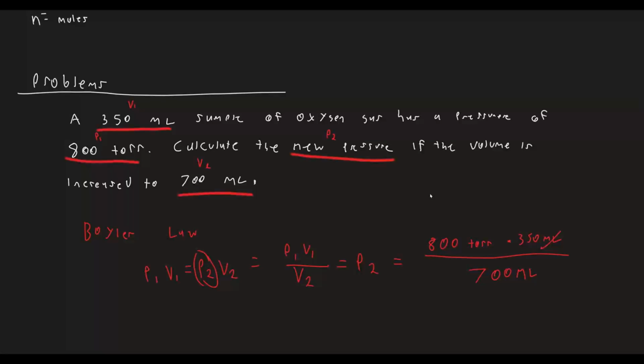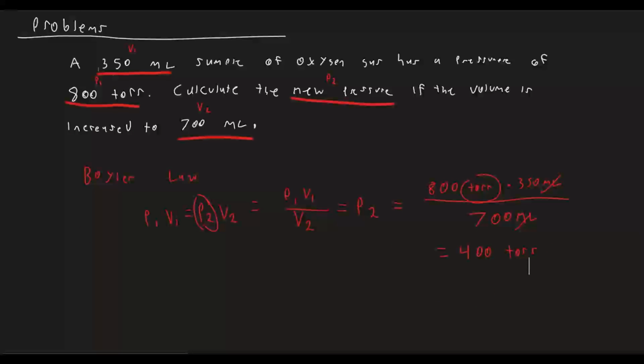Notice how the milliliters cancel, leaving us with torr, which generates a value of 400 torr. So if we were asked a problem like this, this is how we would go about solving it. Let's do another one. Any questions on that one, by the way? All right.